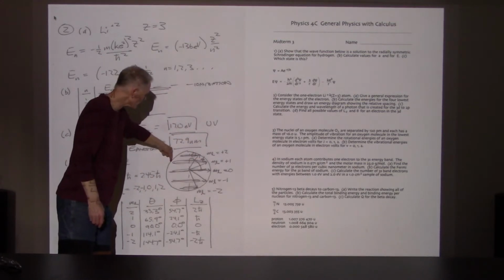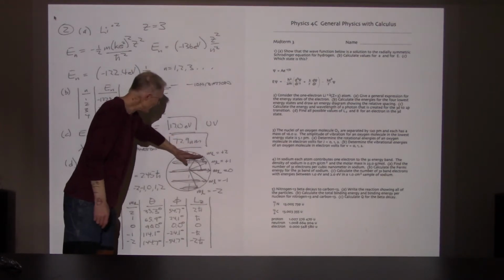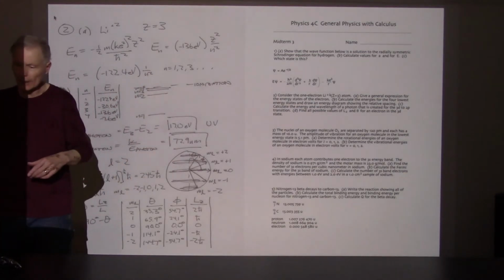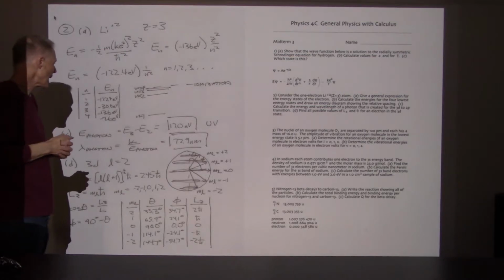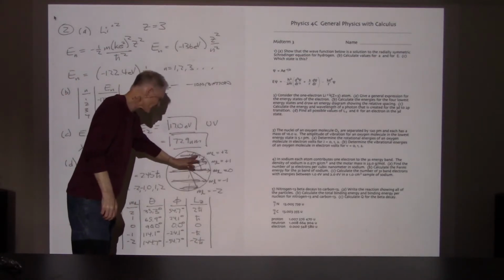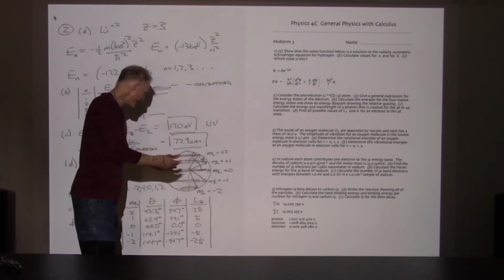So that's what this is representing. This is the m sub l equals plus 2 level, and again, any residual angular momentum is going to be in the xy plane at that level. And then it's just the same in reverse, I guess, with negative signs.